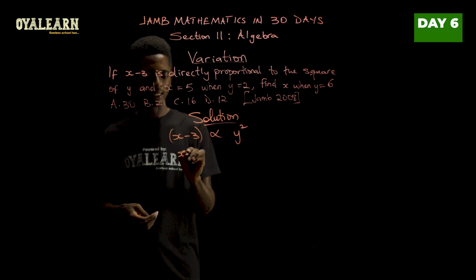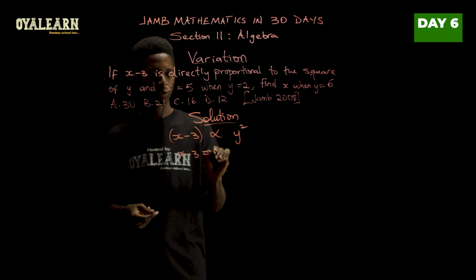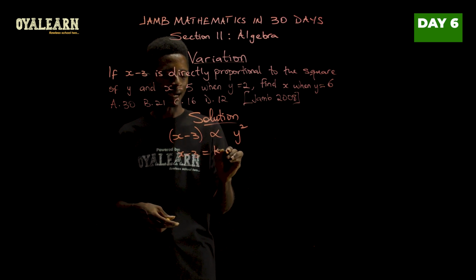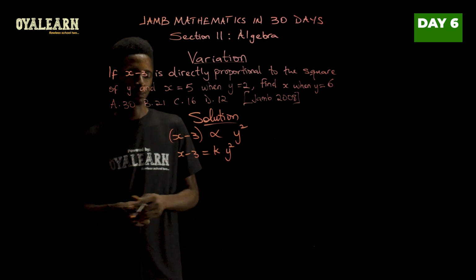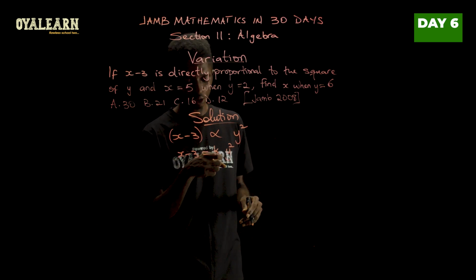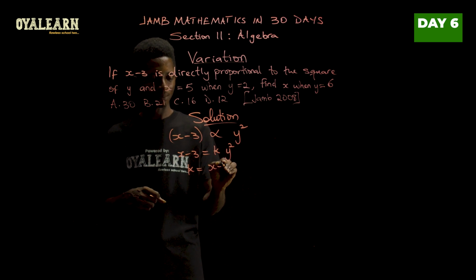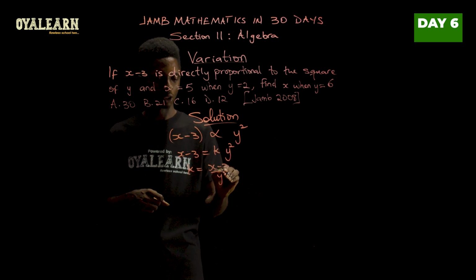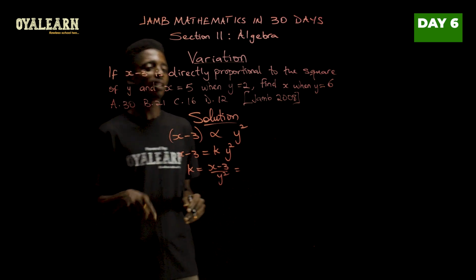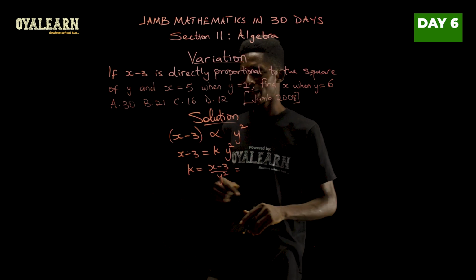Therefore, x minus 3 equals k multiplied by y squared. Now we need to find the value of k, so let's make k the subject. So k would be x minus 3 over y squared, and now we put in the values we are given here.